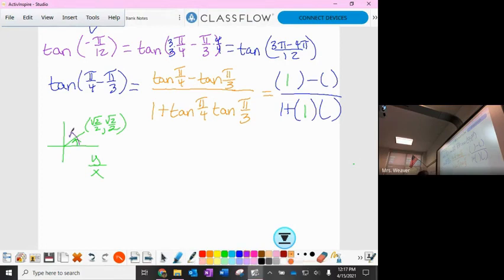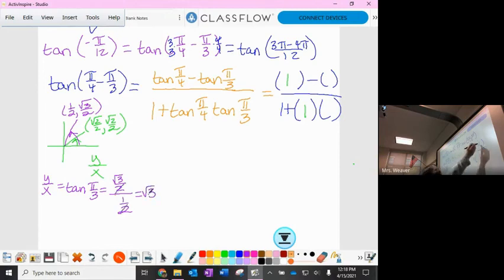If I go to pi over 3, my coordinates are 1/2 and root 3 over 2. Tangent is y over x, so the tangent of pi over 3 equals root 3 over 2 over 1/2. The denominators are the same, they cancel, so that's just root 3 over 1, or root 3. So I'm going to use root 3 in both.